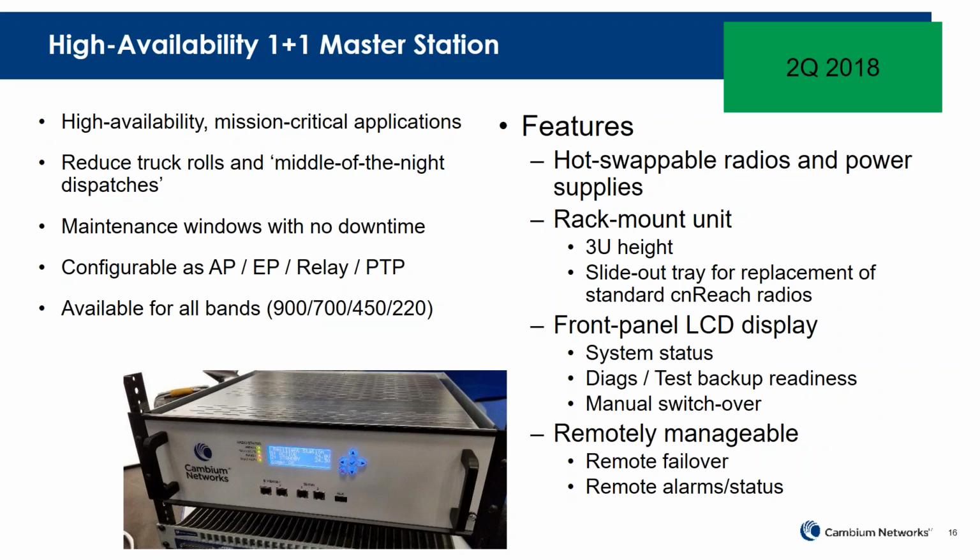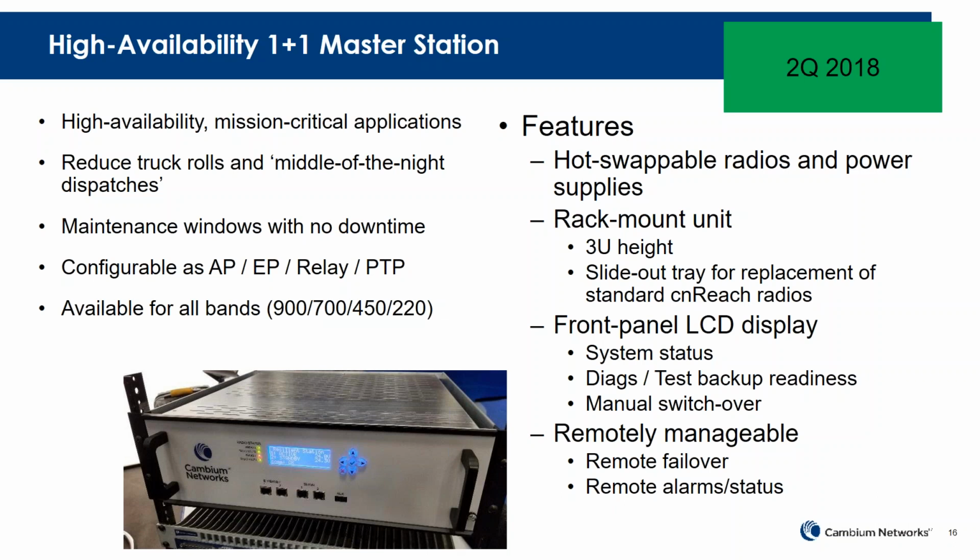I can basically have two radios in the master station, and if the primary radio fails for whatever reason, whether it's a power supply issue, the radio itself, any kind of problem that radio has, the system will automatically detect that and swing over to the backup radio.